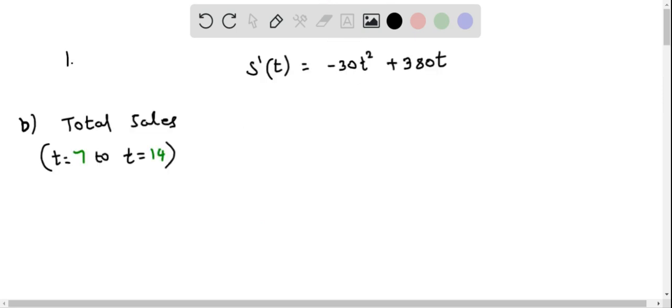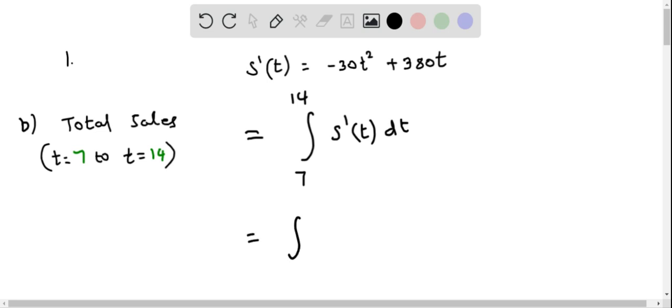Let's do part B. Here we find the total sales from t equals 7 to t equals 14. Once again, this is a definite integral from 7 to 14 of the derivative function, S prime of t.